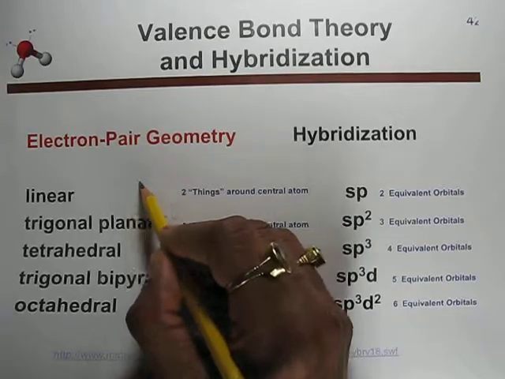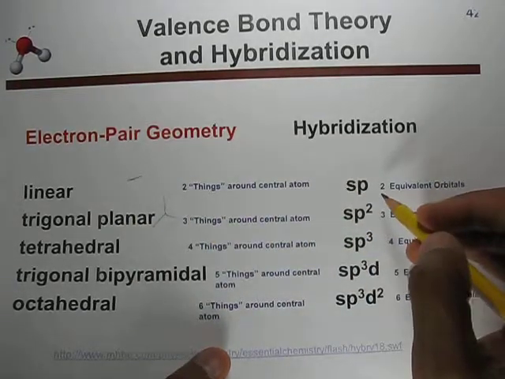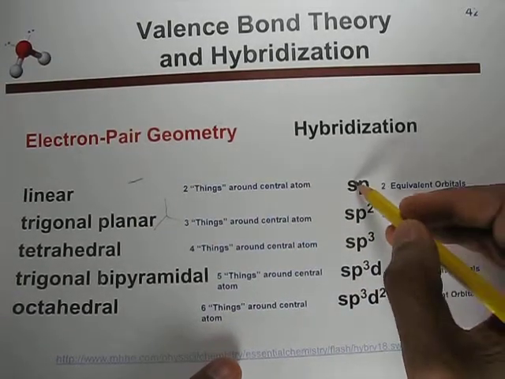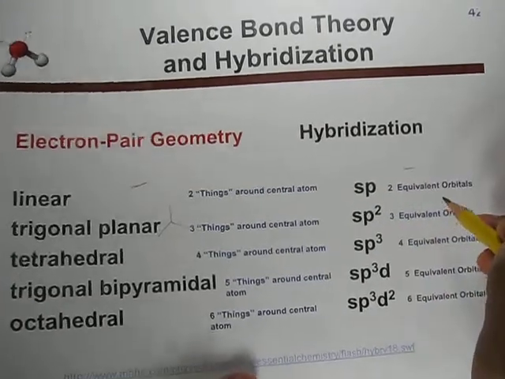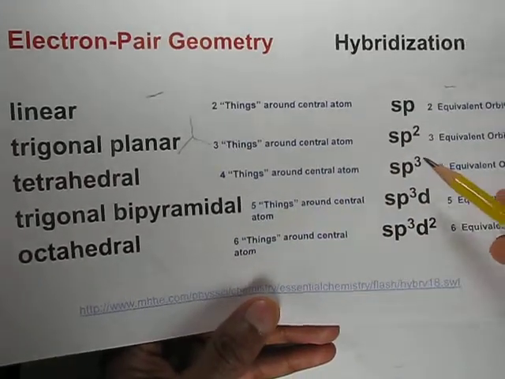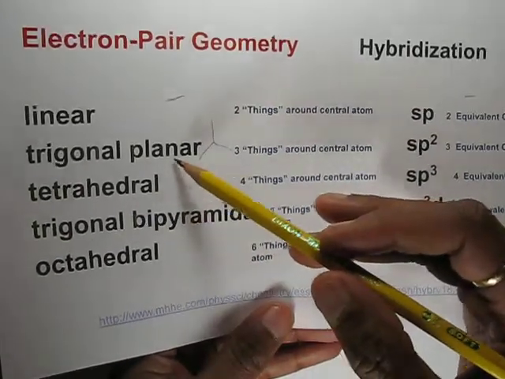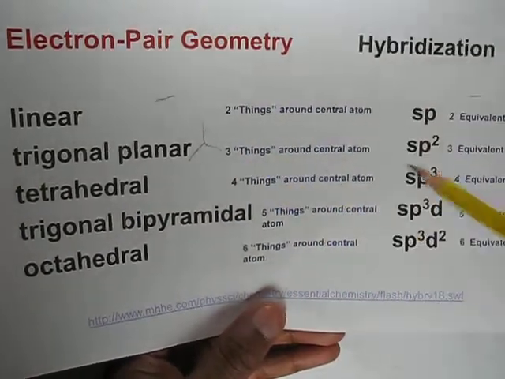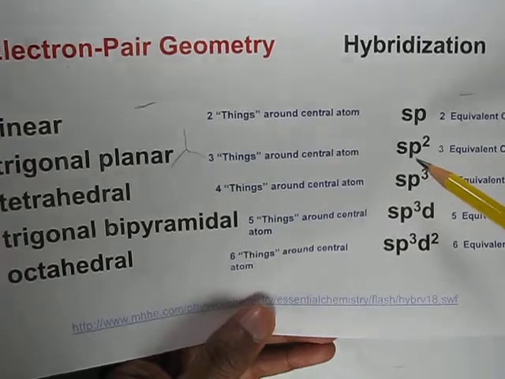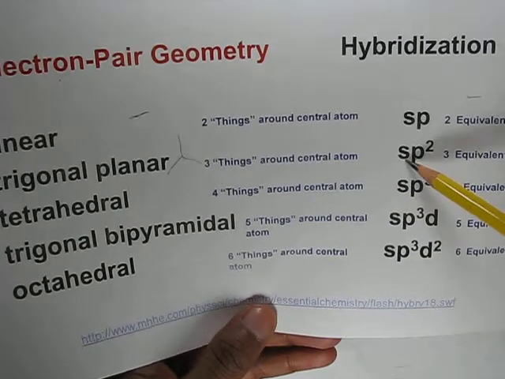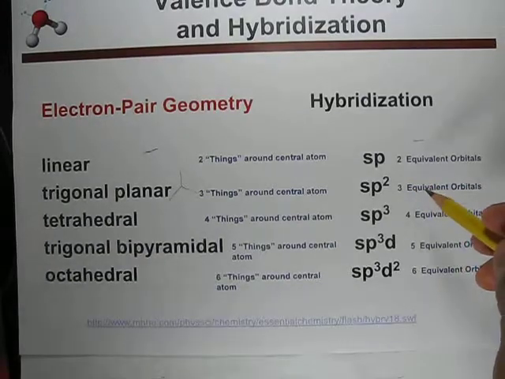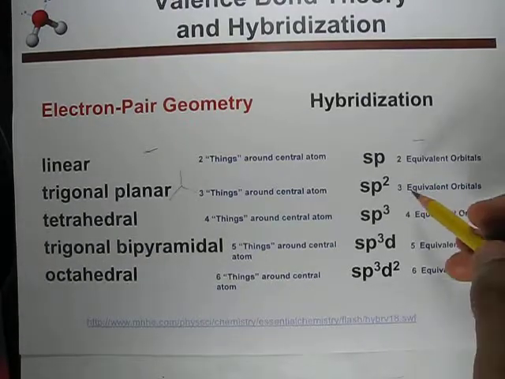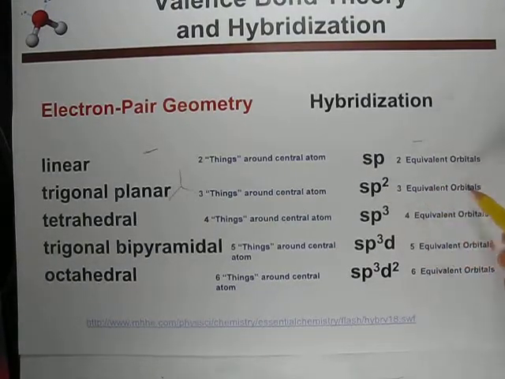And in the case of linear, there will be a single bond. So one s orbital and one p orbital will make a single bond. And in the case of trigonal planar, three single bonds will be there. So how do they form sp2 orbitals?